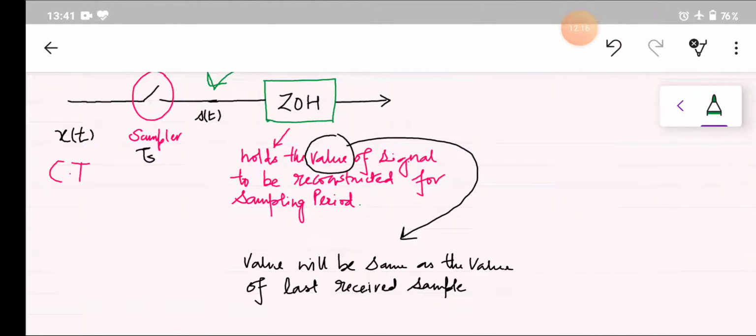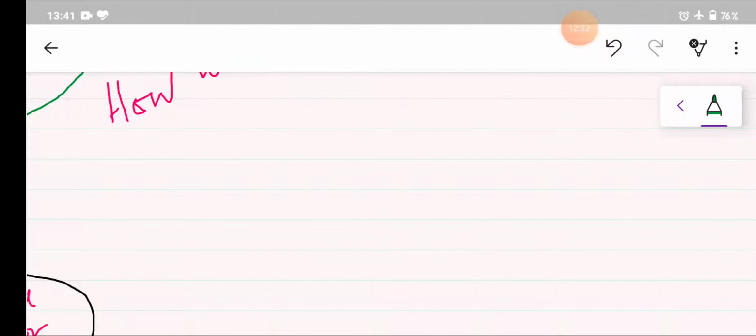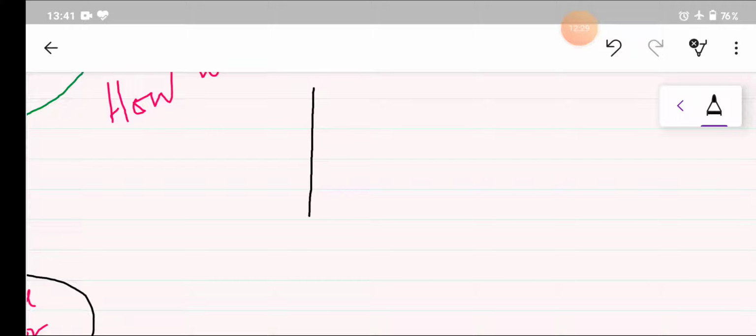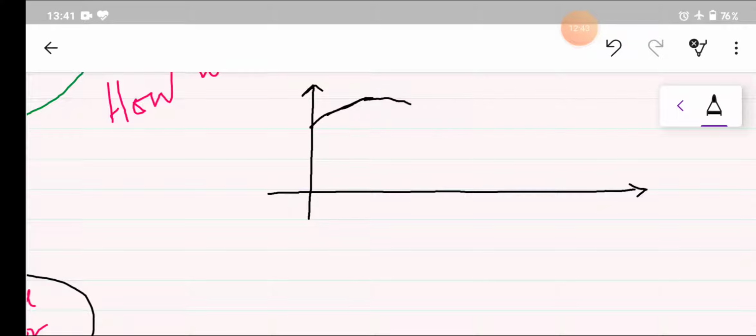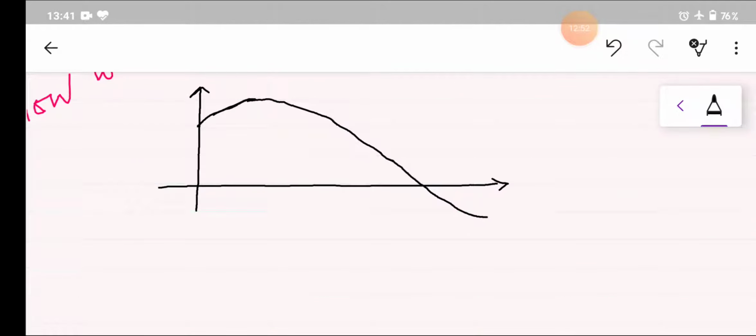So if we have a signal x(t) like this, say this is our continuous time signal x(t).